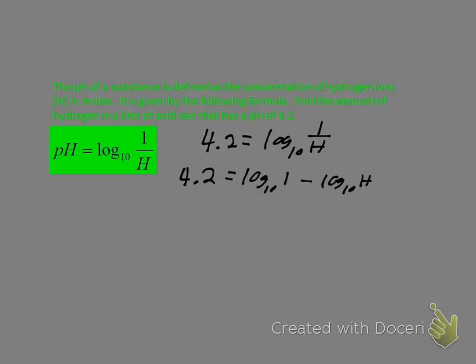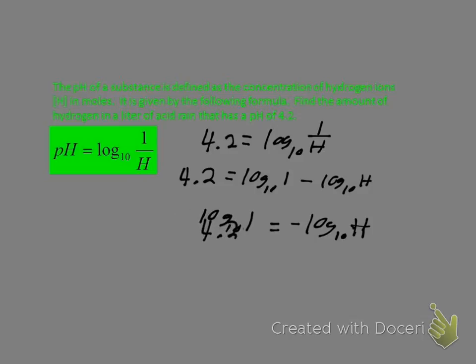So we're going to subtract log base 10 of 1, which makes 4.2 equals negative log base 10 of H. Now the second trick to this is the fact that log base 10 of 1 is just 0. So this guy is just 0, so to save room, I'm just going to go ahead and erase that.